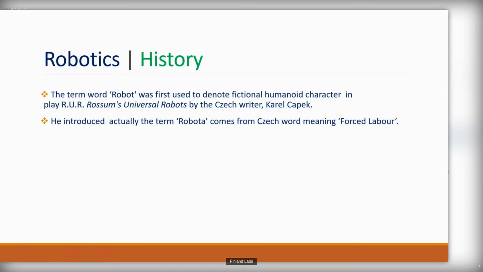That means if I give an instruction, he has to do that work. But a human can deny doing that work, right? A human can deny, but a robot will never deny. He has to do that work if you give an instruction. If he is denying that, that means he is breaking the law of robotics. So this is about the history of robotics, basically.